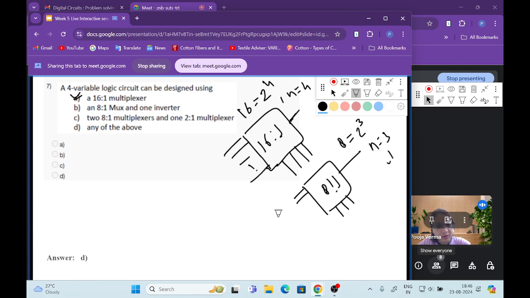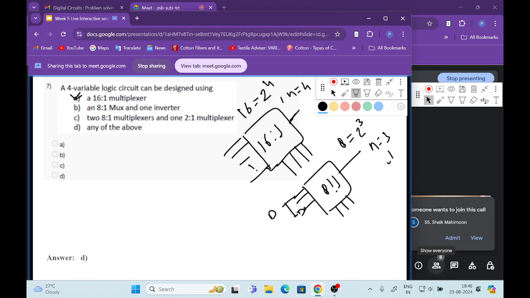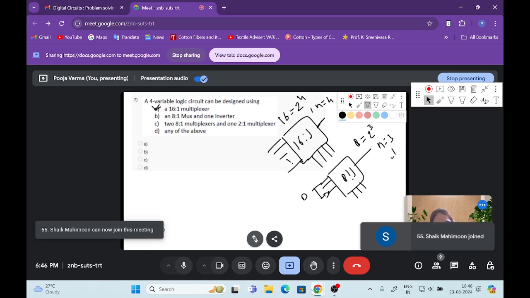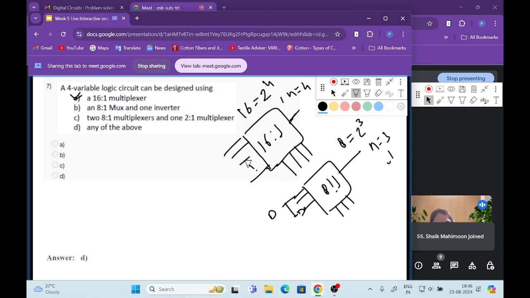As we have already seen, if we apply one inverter, we can take any other variable and make it the input. So from an 8 into 1 mux and one inverter we can make a 4-variable logic circuit. That one is also correct.